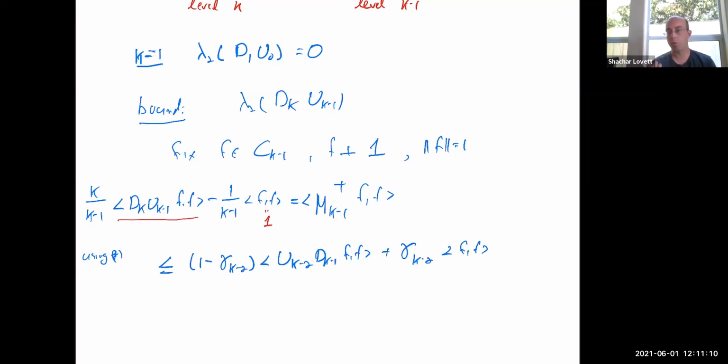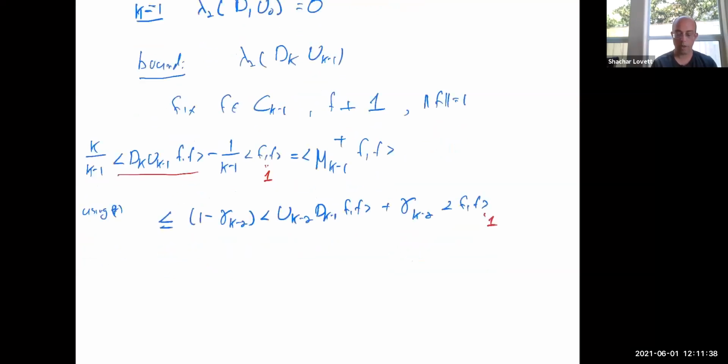This is what we just proved: M_{k-1}^+ is smaller in the PSD order than a combination of the lower walk at the appropriate level, k minus 1, and the identity operator. Again, the norm of f here is 1.